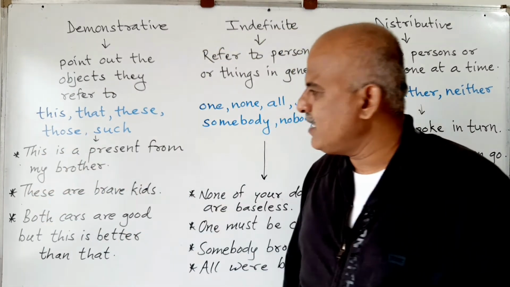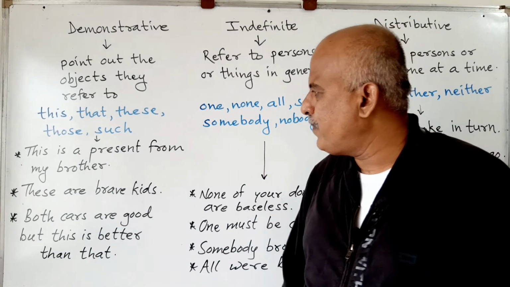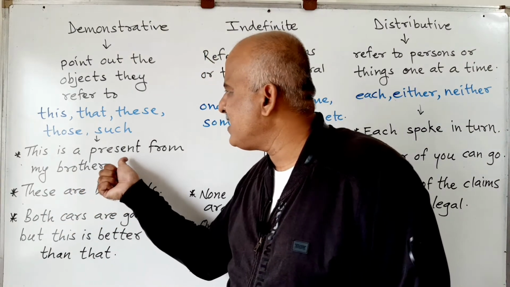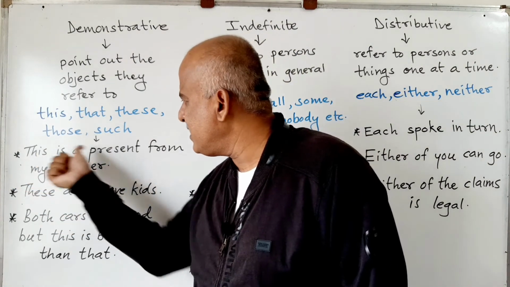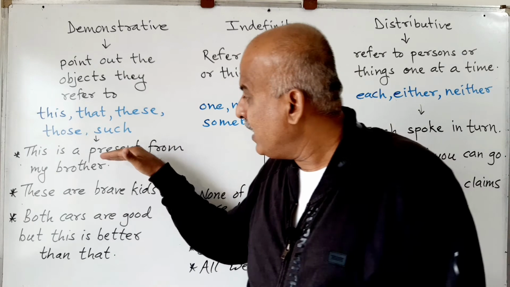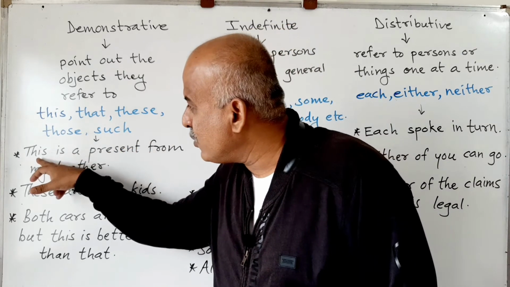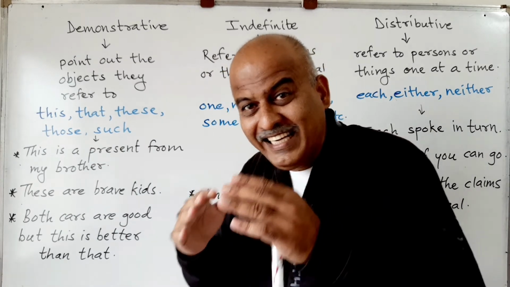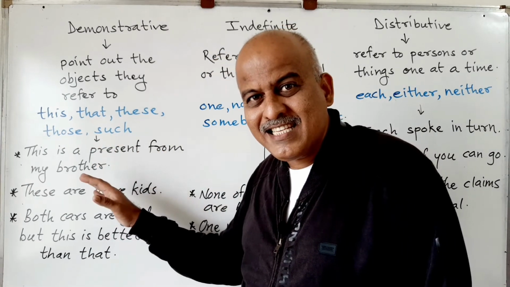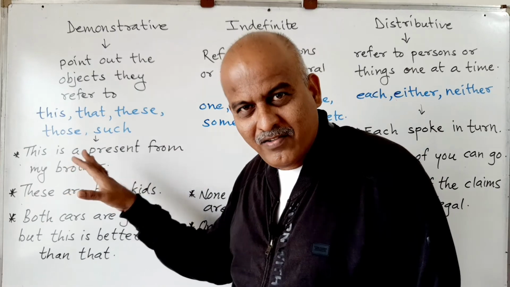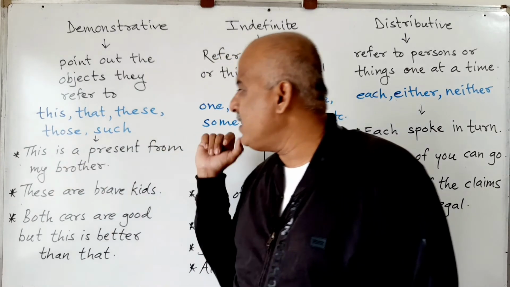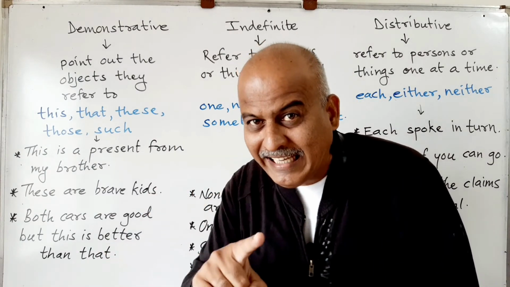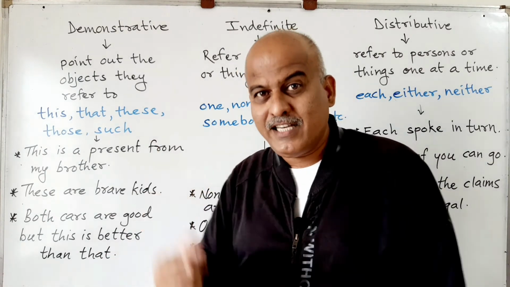This is a present from my brother. This is the pronoun of present. Which present? This present. So it is a demonstrative pronoun. But if the sentence is written in another way, this present is from my brother, this present, then it is demonstrative adjective.